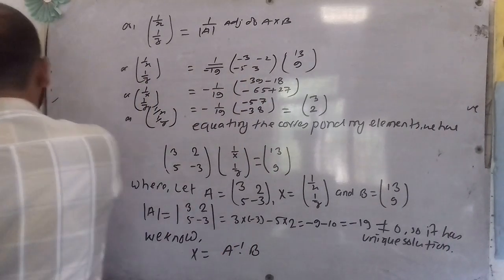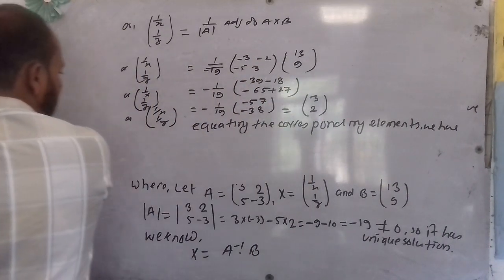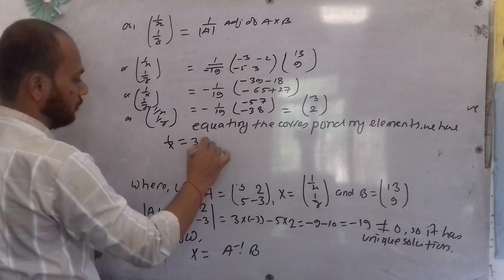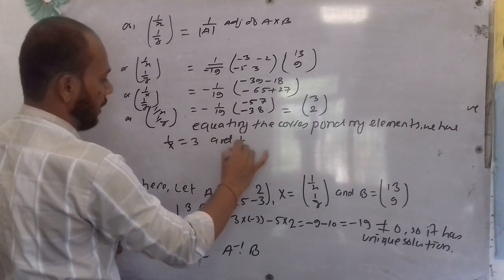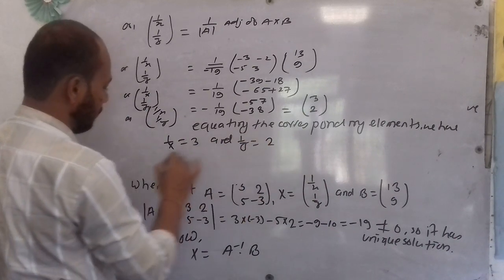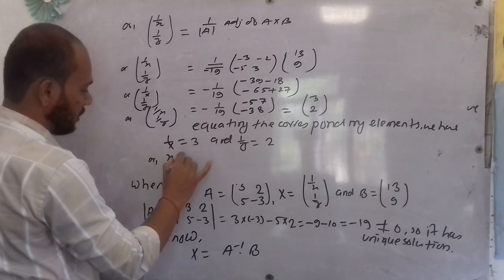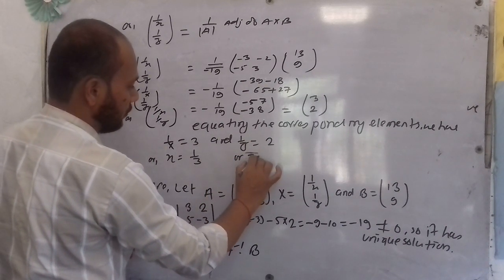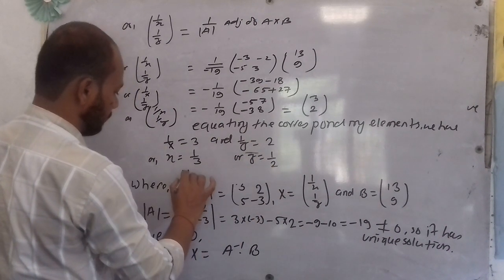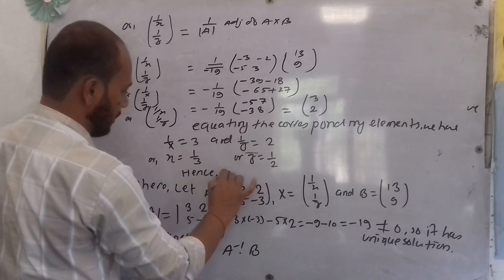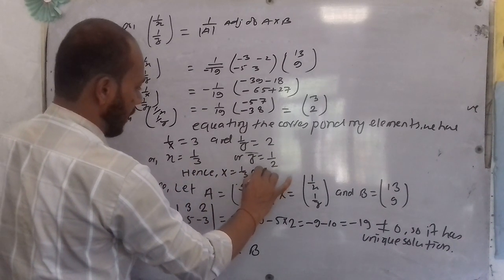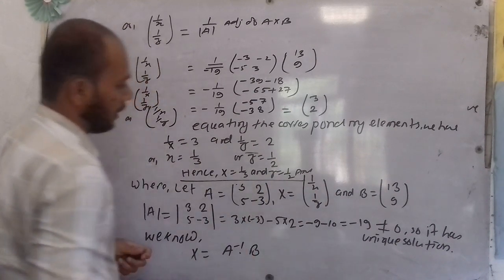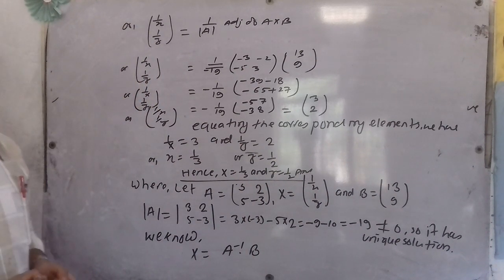Now my dear students, equating the corresponding elements we have 1 by x is equal to 3 and 1 by y is equal to 2, and calculate this, x is equal to 1 by 3, and here 1 by y is equal to 1 by 2, hence x is equal to 1 by 3 and y is equal to 1 by 2. In this way you find the values of x and y.